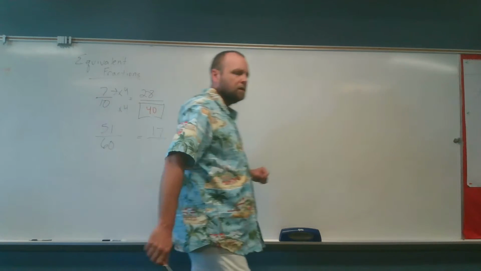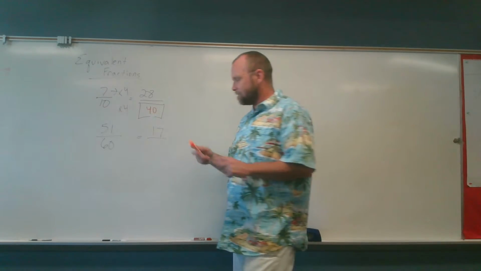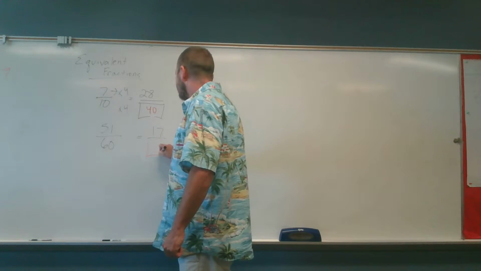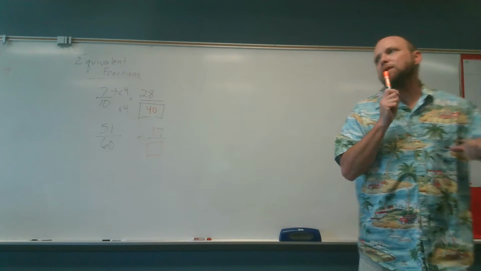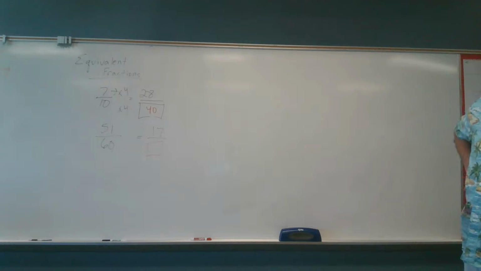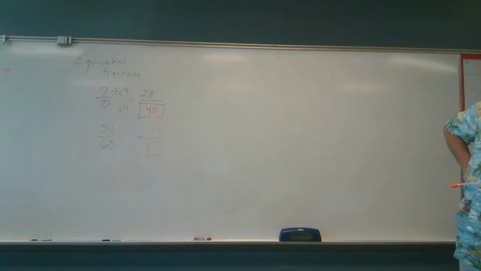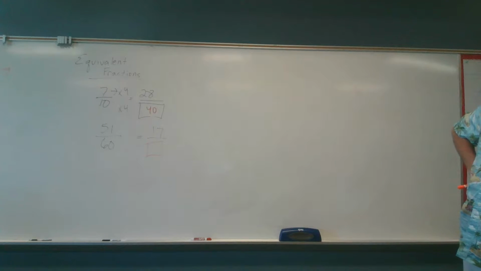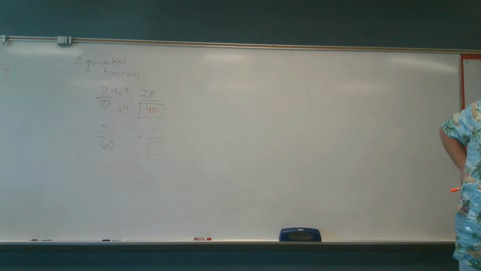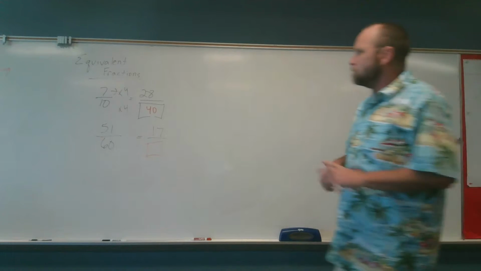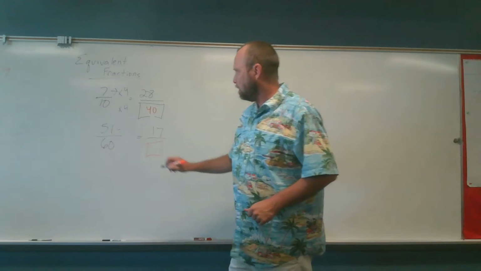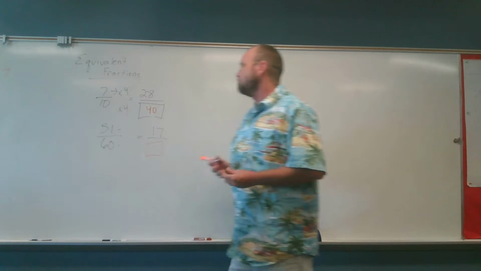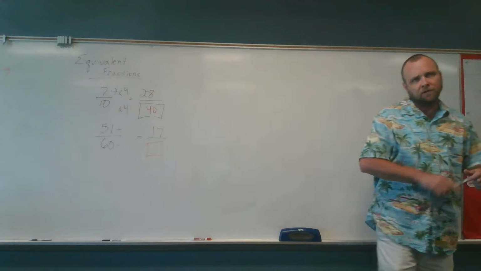This one. Yes. We have 51 60ths equals 17 over blank. This one makes you think a little bit, doesn't it? Okay, we're going from 51 to 17. Are we getting bigger or smaller? Smaller. So we have to divide 51 by something. And then whatever you divide 51 by, you also have to divide the denominator by.